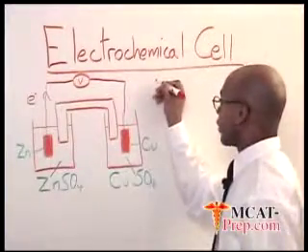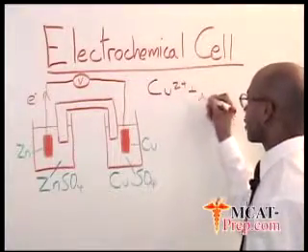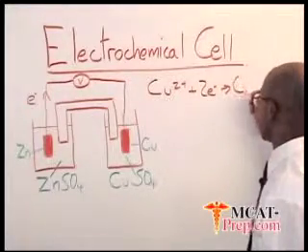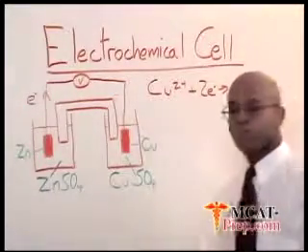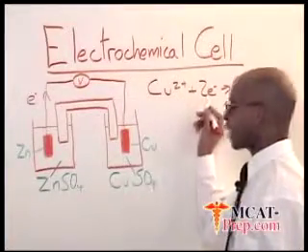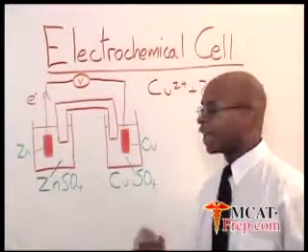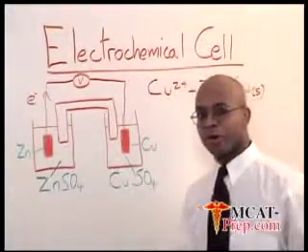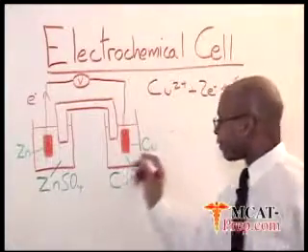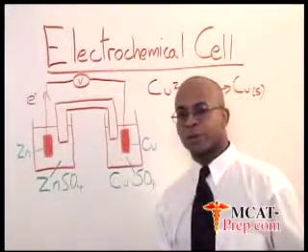So in other words, we have Cu2+ plus 2 electrons gives us Cu solid. So copper solid is being produced here because there's a gain of electrons. Therefore, copper is being reduced, and this is occurring at the cathode, given by LEO says GER. So we have copper plating onto the electrode.